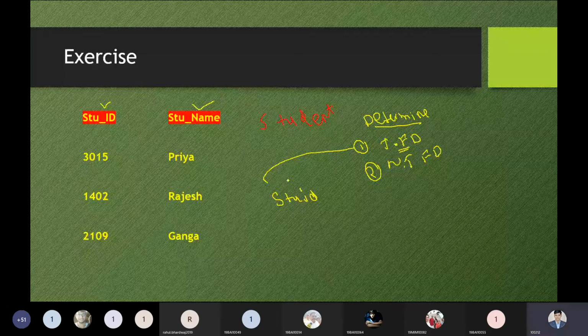But since you can see student name is not a part of the student ID, this is not a trivial functional dependency. Are you getting something here?